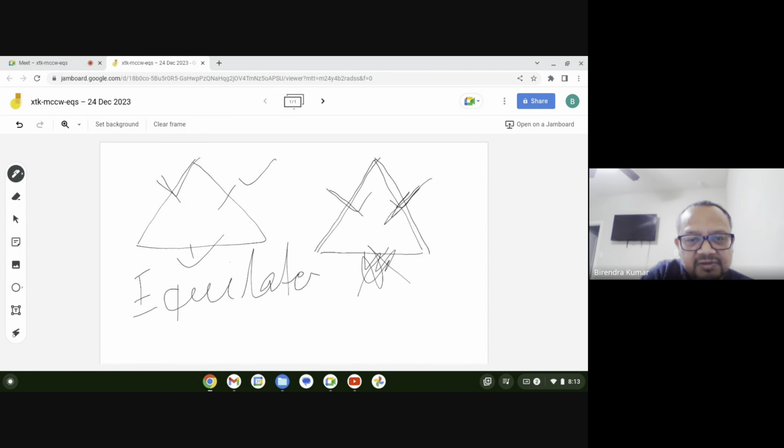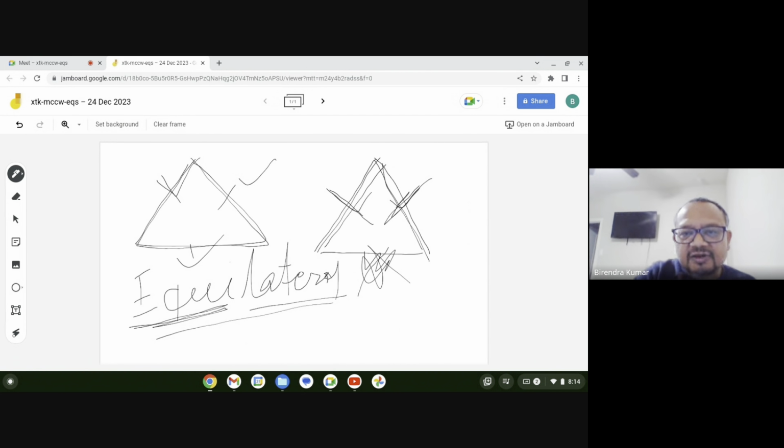Equi stands for equal. Equilateral is when all the sides are the same. When two sides are the same, it's called an isosceles triangle. Okay. All right.